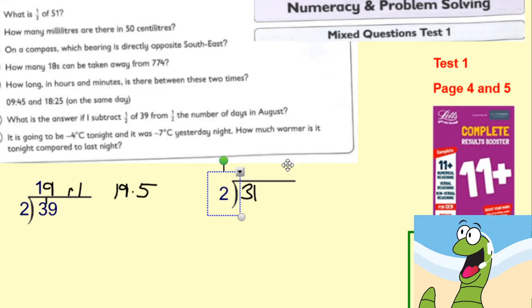So the ones with 11 left over, that's 11, and 2 goes into it 5 times. So it goes in 15 times, and then 2 divided by 1 gives us 0.5.